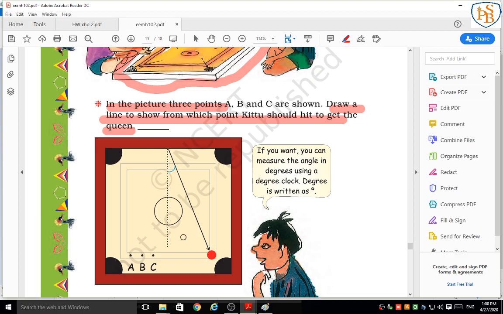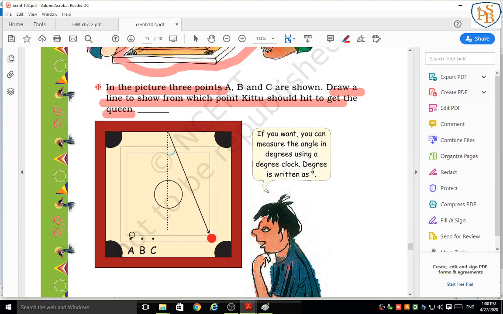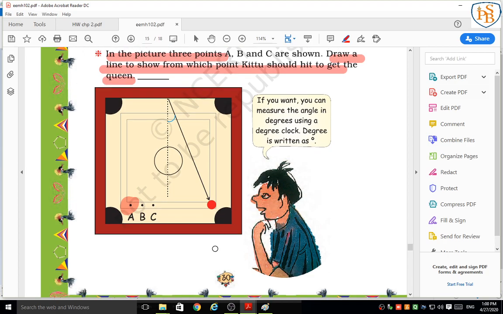From the slide, we made it, and before the slide, we made it using books. And when we throw a ball from the top, from what point will it go fast? Yes, from the longer point. So if you hit the striker from the point A, correct? Kittu should hit the striker from the point A, then he will win the queen.